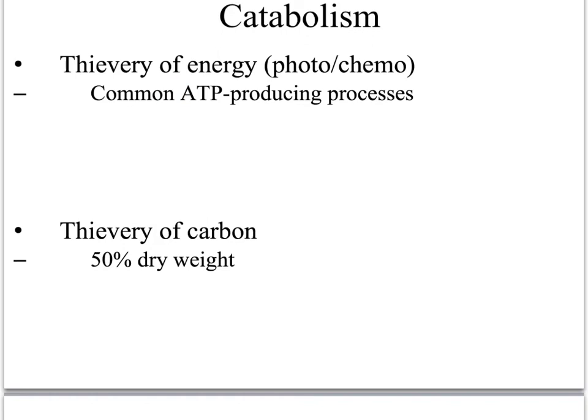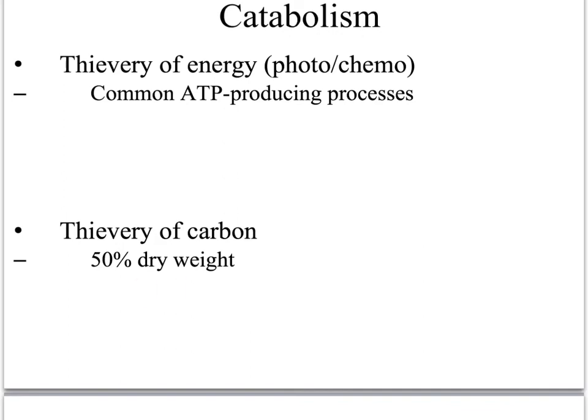The other thing that they can't just make by themselves is carbon. About 50% of the dry weight of any given bacterial cell is nothing but carbon, and everything else is principally modifications of carbon-based compounds. It's an overstatement, and there are exceptions, but most of the components of a cell are going to be carbon-based with other little things decorating them.